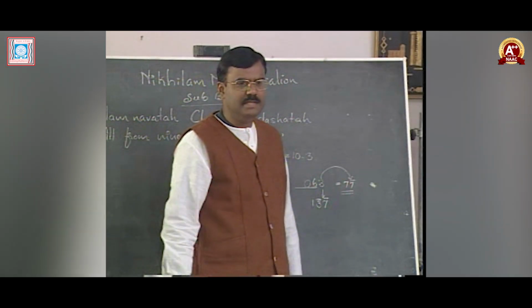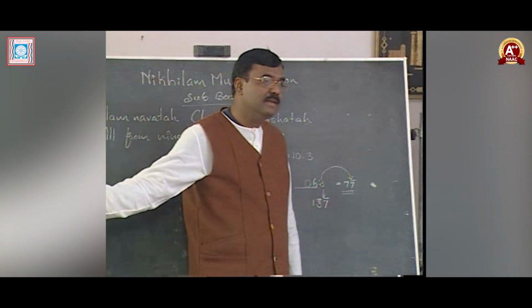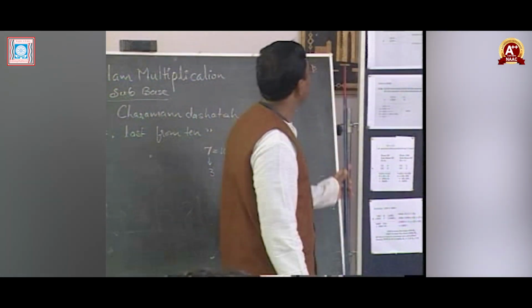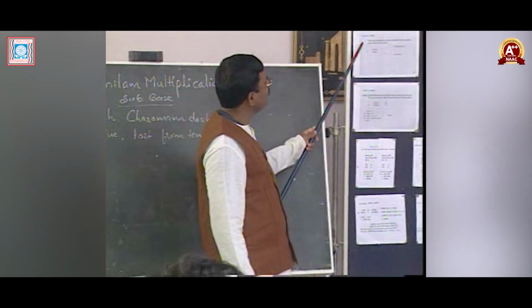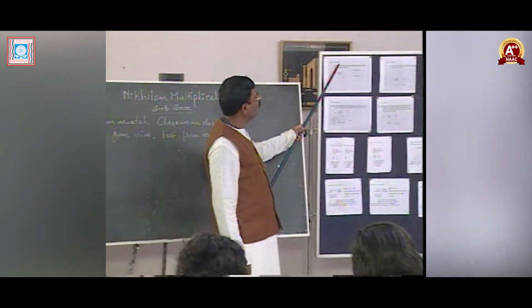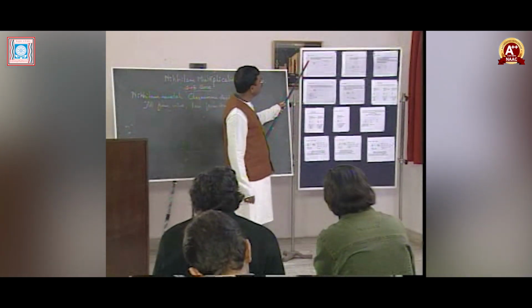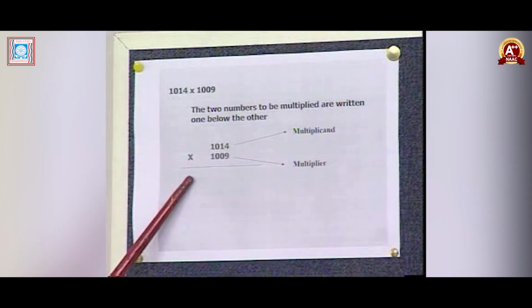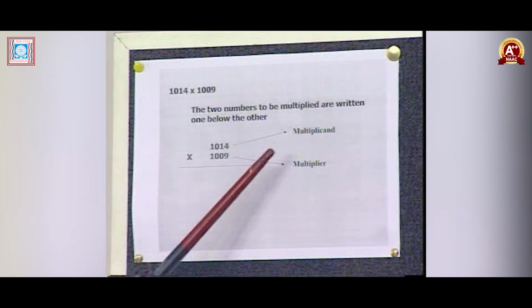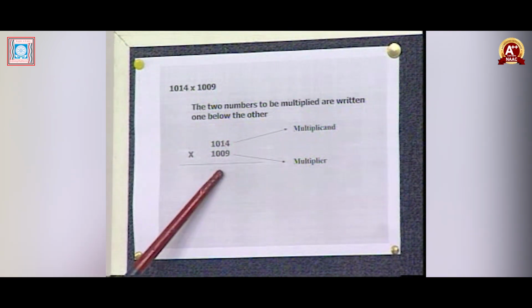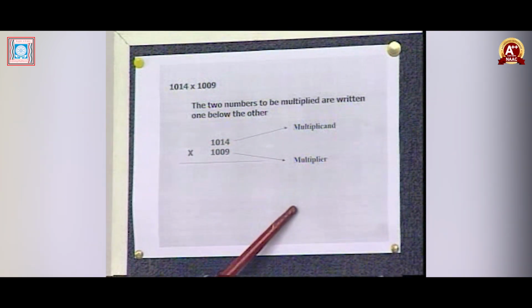That means there is only a multiplier and a multiplicand. Let us consider one example: 1014 multiplied by 1009. You write the given numbers one below the other. 1014 is the multiplicand, 1009 is the multiplier.